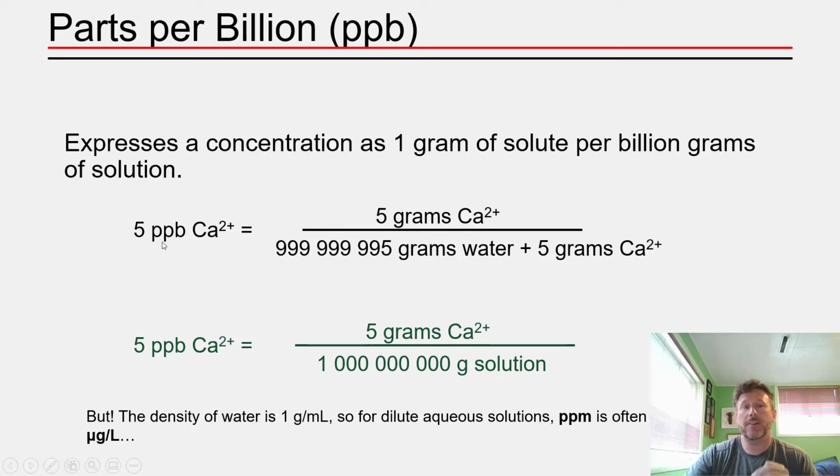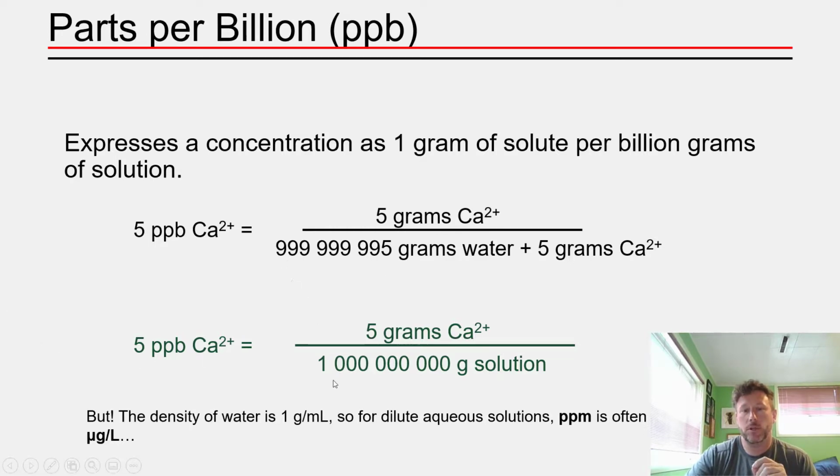So if you have a 5 part per billion calcium solution, ppb, first off, that should register that that is 1,000 times more dilute than a 5 part per million calcium concentration. What that means is there are 5 grams of calcium ion for every billion grams of solution.